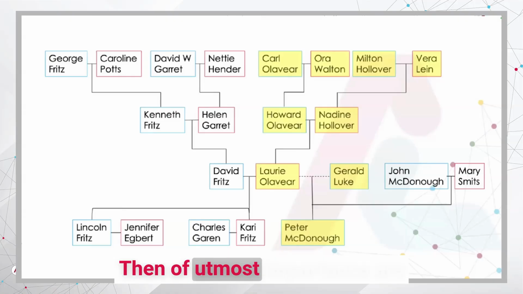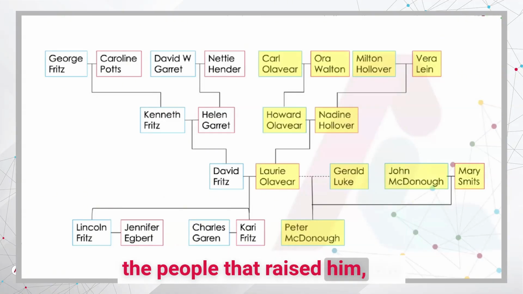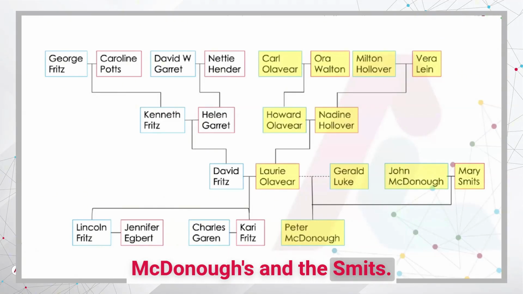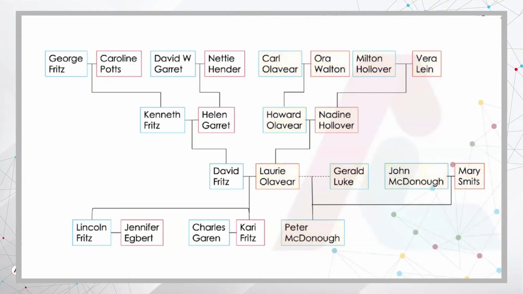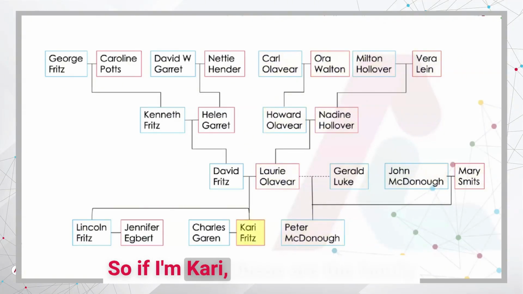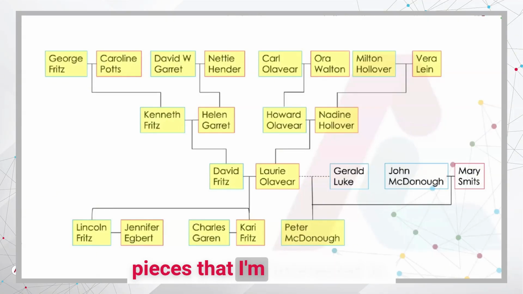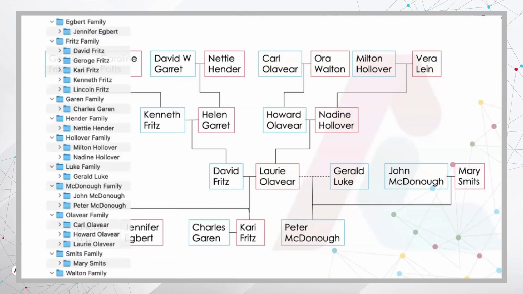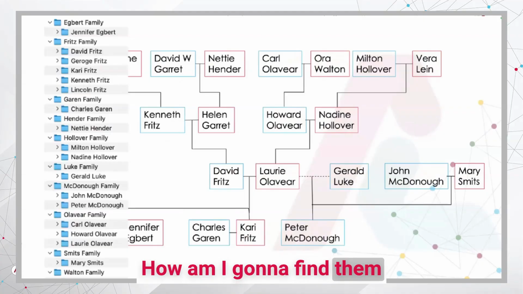Then of utmost importance are the people that raised him, the McDonoughs and the Smiths. So if I'm Carrie, these are the family pieces that I'm interested in. How am I going to find them? One at a time by searching.